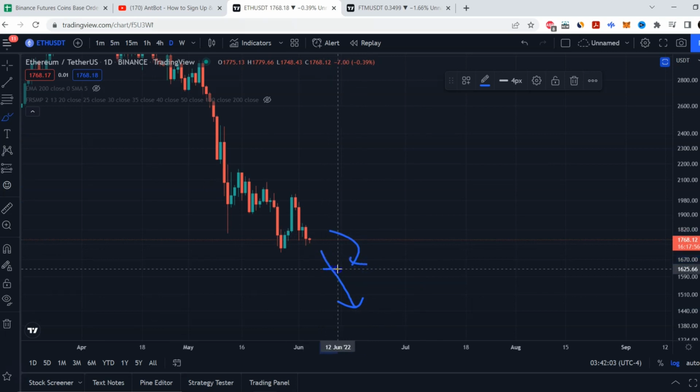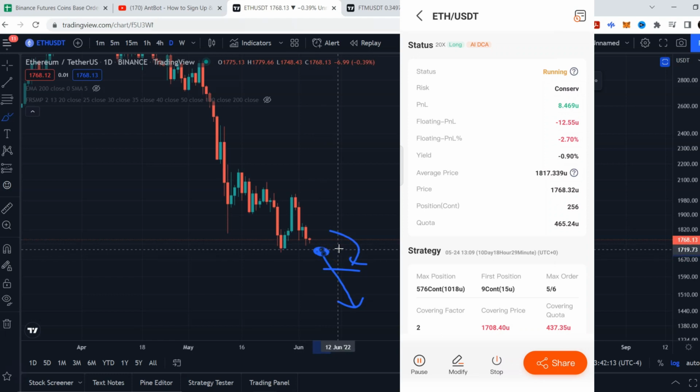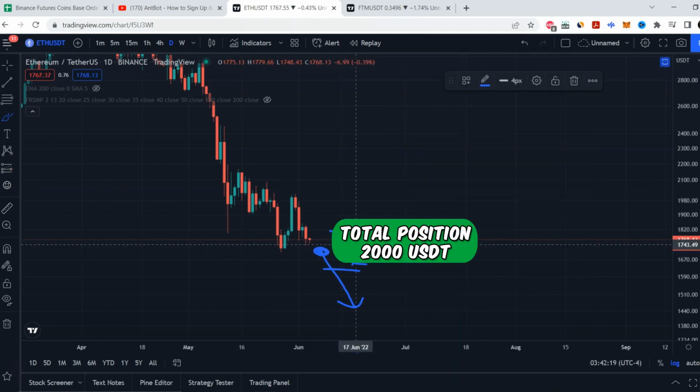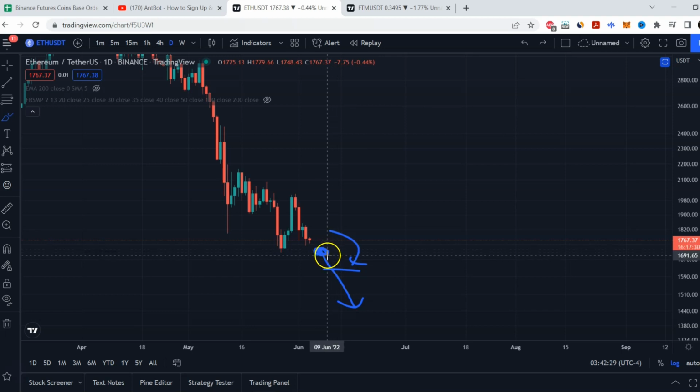Let's say the bot covers here at this price, and your average price becomes right here, correct? Now instead of 465, it's like 2000. For example, you have 2000 positions USDT, okay, 2000.